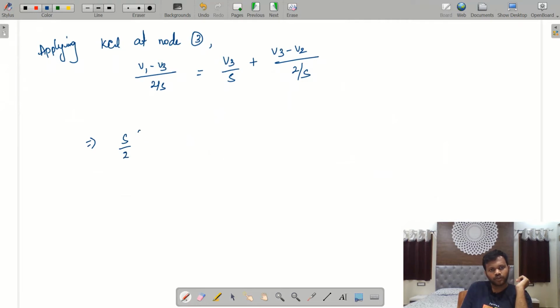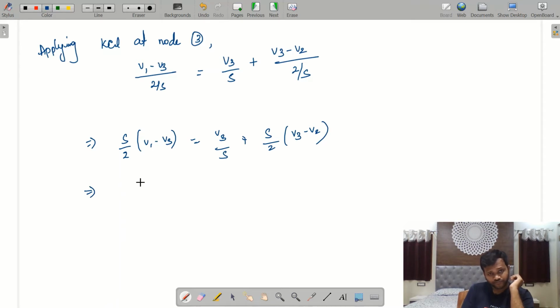S by 2 into V1 minus V3 equal to V3 by S plus S by 2 into V3 minus V2. Right, bring V3 to one side. So V3 into 1 by S plus S by 2 plus S by 2 equal to V1 into S by 2 plus V2 into S by 2.